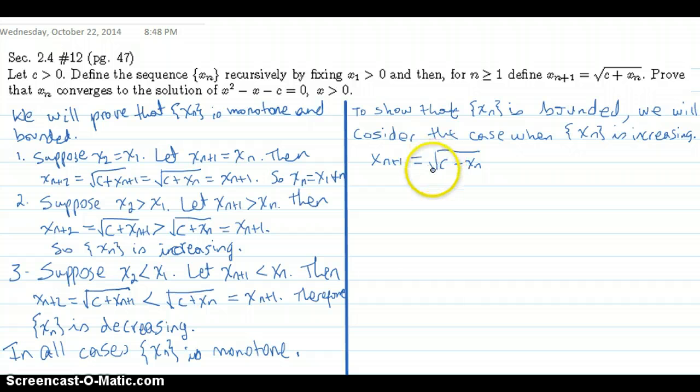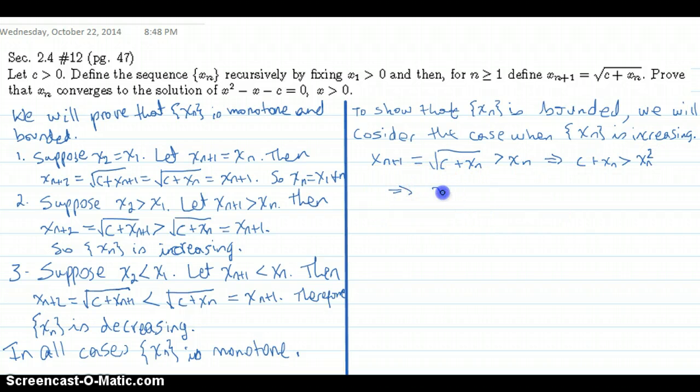So x_{n+1} is the square root of C plus x_n, and we know that x_{n+1} is greater than x_n. So squaring both sides, C plus x_n is greater than x_n squared.